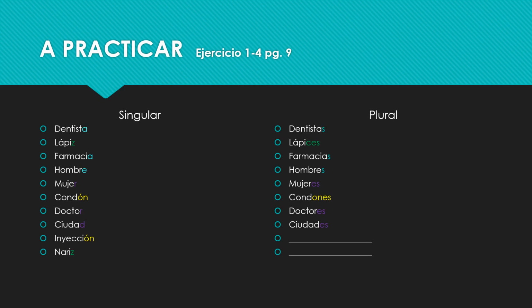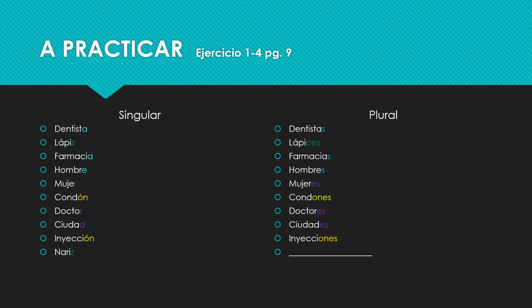Ciudad ends in a consonant, so you add the ES, ciudades, means cities. Inyección has the accent over the O, so you're going to remove the accent over the O. Remember to add an ES because N is a consonant, and it becomes inyecciones, injections.